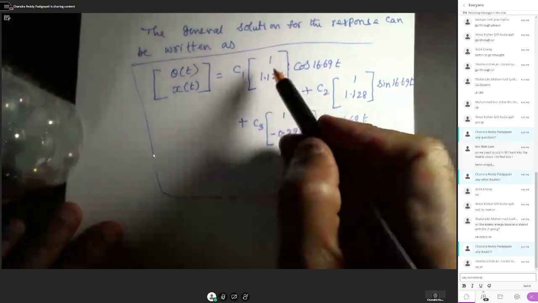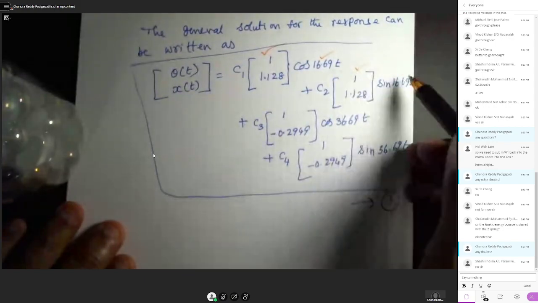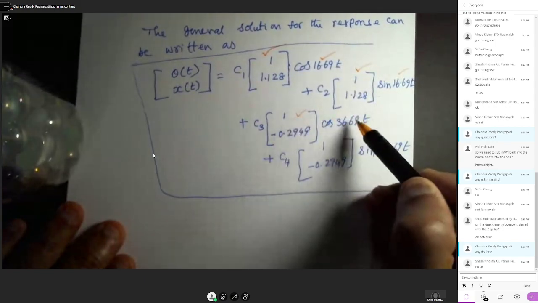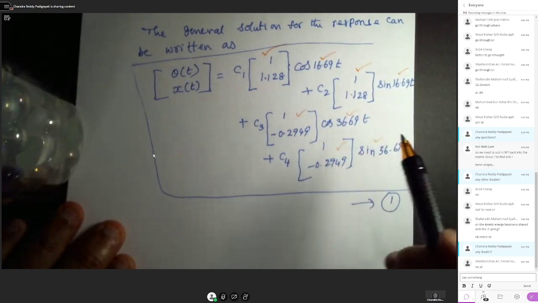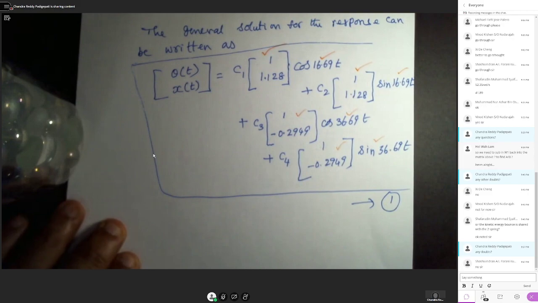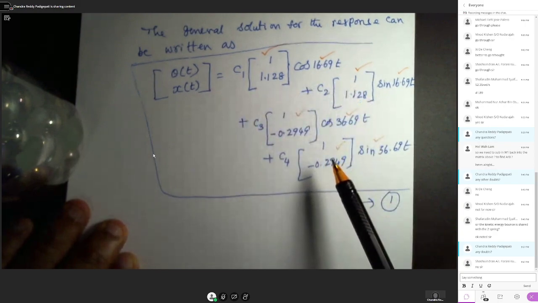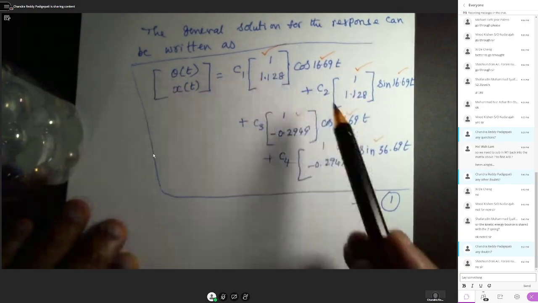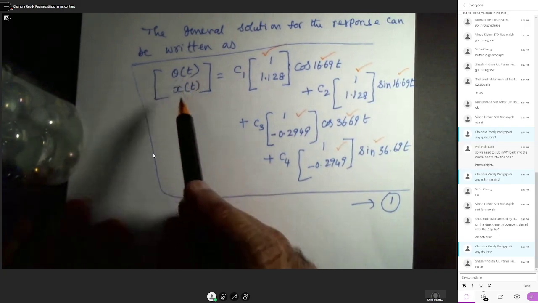Instead of writing A cos omega t plus B sine omega t, you have the 4 constants, because we are dealing with a 2-degree freedom system, so the responses are 2.